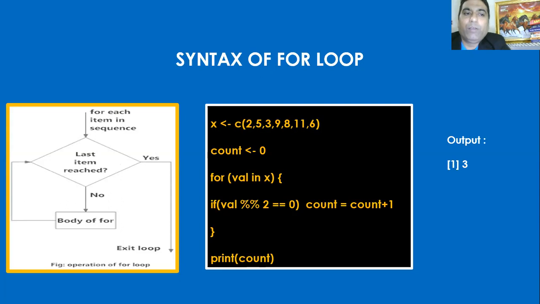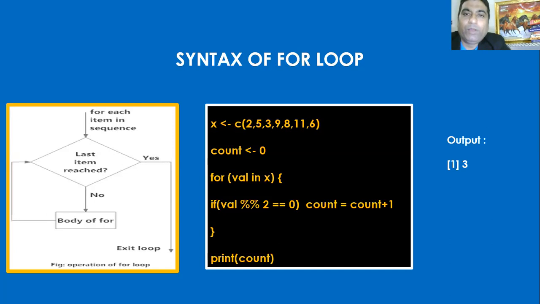Okay. Now I'm checking for value in x. What will happen? Till the time this condition is fulfilled, the code block written inside the for will execute. So the first time the value will be 2. Okay.